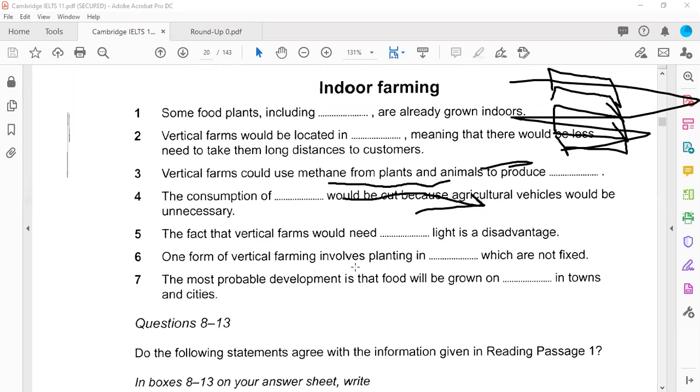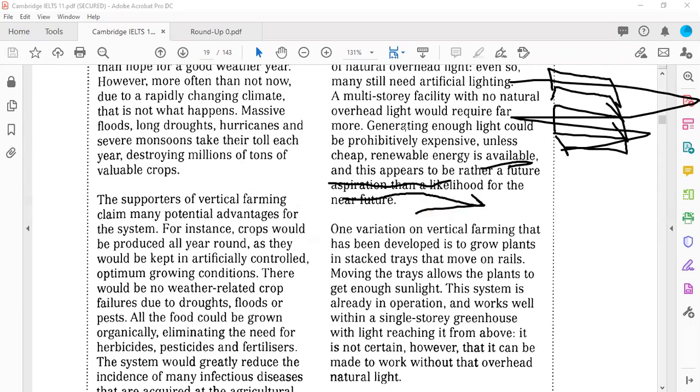Artificial. One form of vertical farming involves planting in what, which are not fixed?